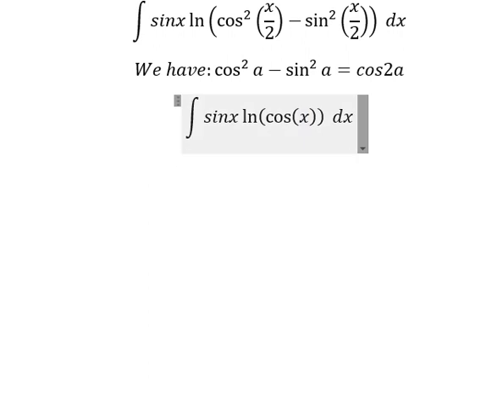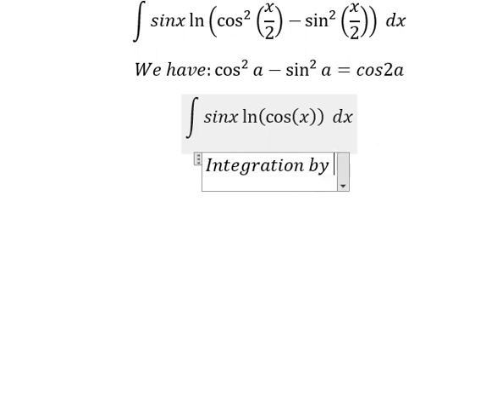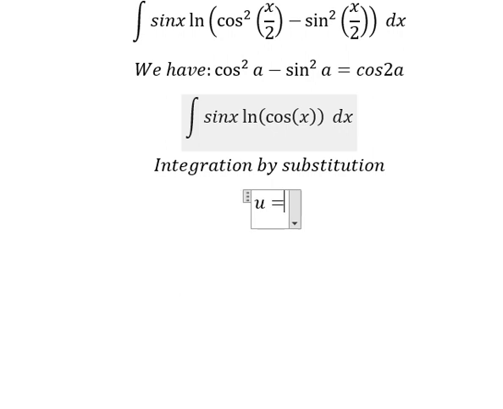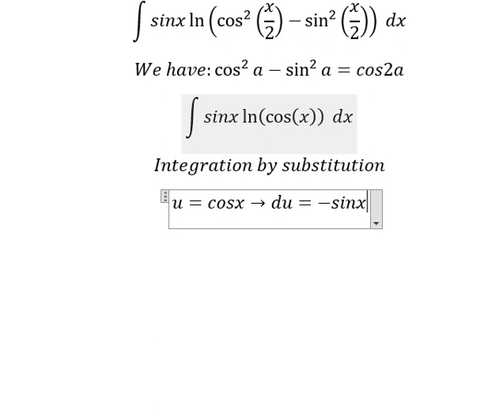Next, we can use integration by substitution. So I will put u equals cosine s. After that, we need to do the first derivative for both sides, and we have negative sine s ds.